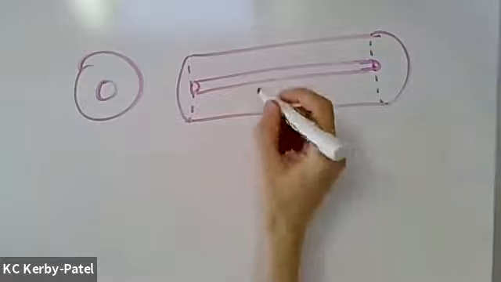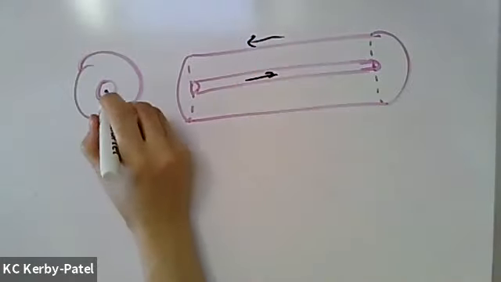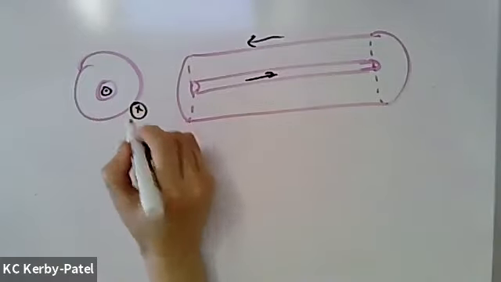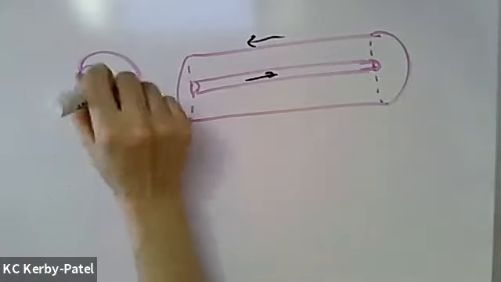If I have current flowing on the inner conductor this way and the outer conductor this way, in this one it's out of the board here and into the board on the outer conductor. It's not in one place, it's evenly distributed around.